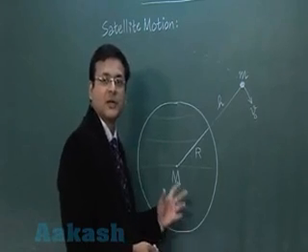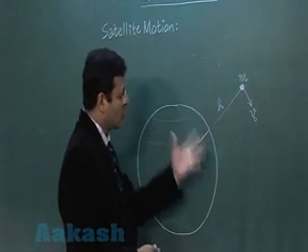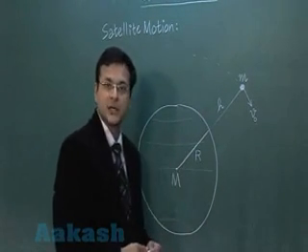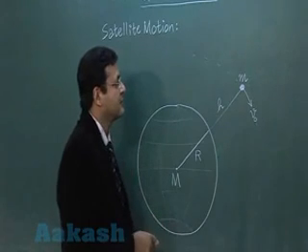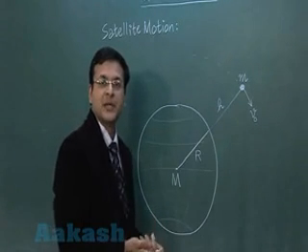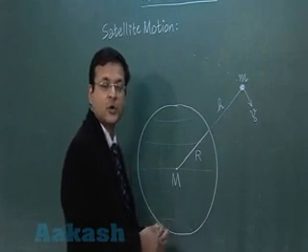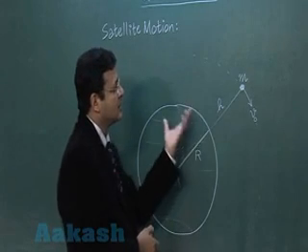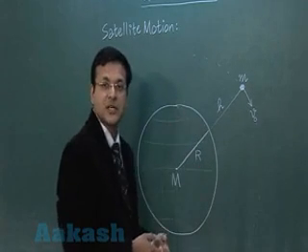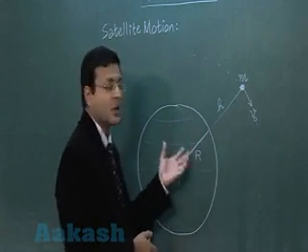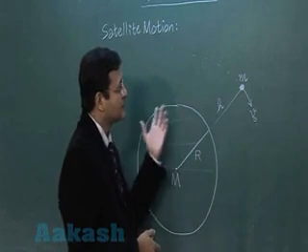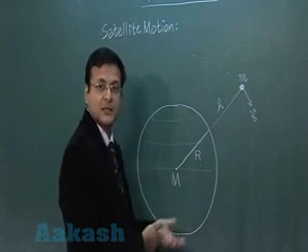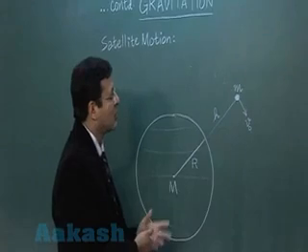Right now we are talking about a satellite which is rotating around the Earth. This kind of satellite may be an artificial satellite as we launch, or there can be a natural satellite, for example the moon. Assume that this rotation is in circular orbit.